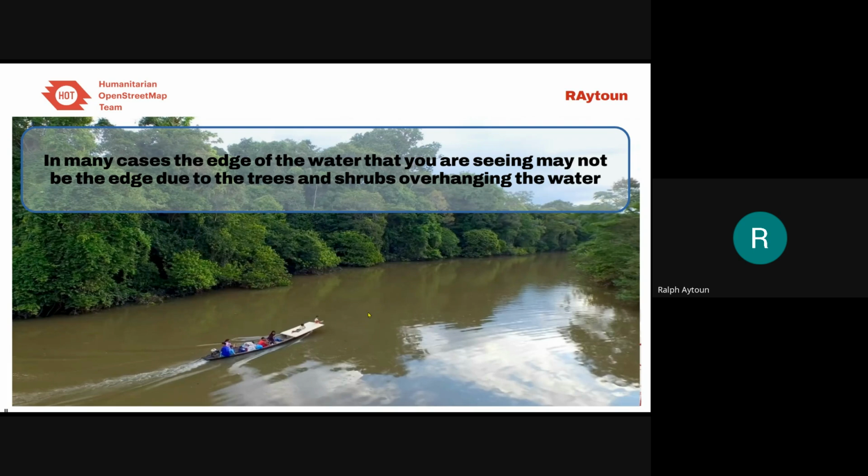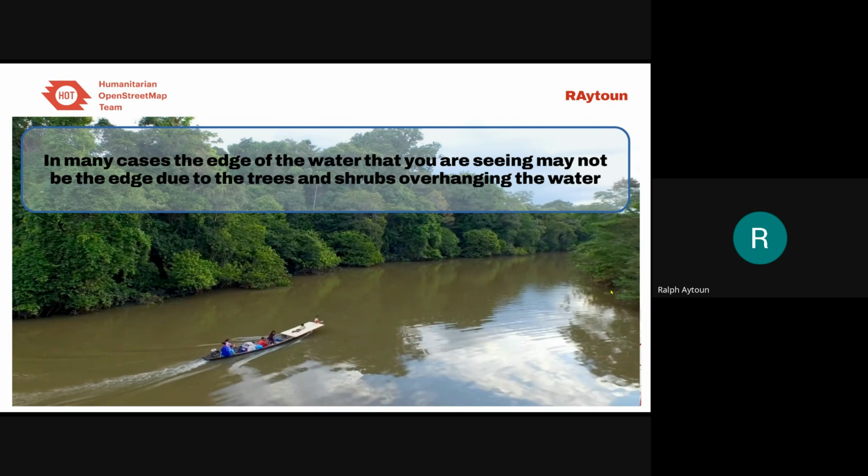So first of all, understand when you're drawing waterways, the edge of the waterway that you see on the imagery may not be the edge of the waterway. If you've got trees and shrubs overhanging the water, then that is not the edge of the water. The edge of the water is a bit further inland, away from the edges of the trees.